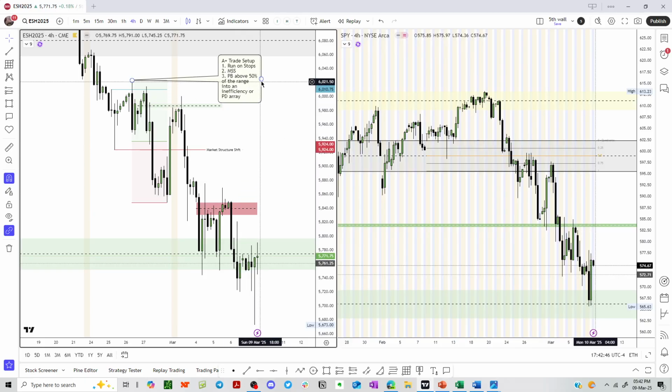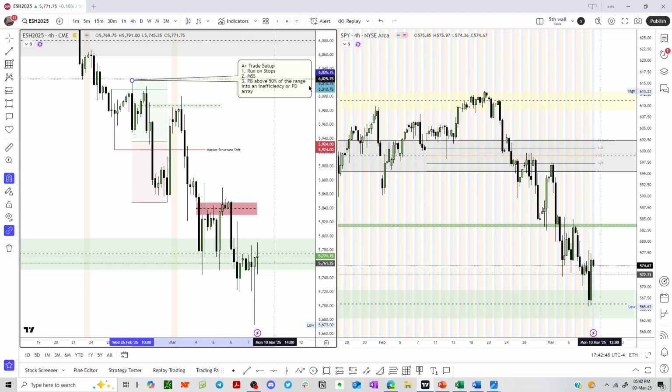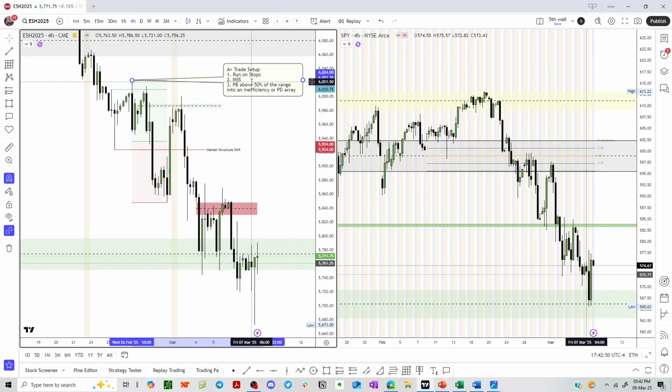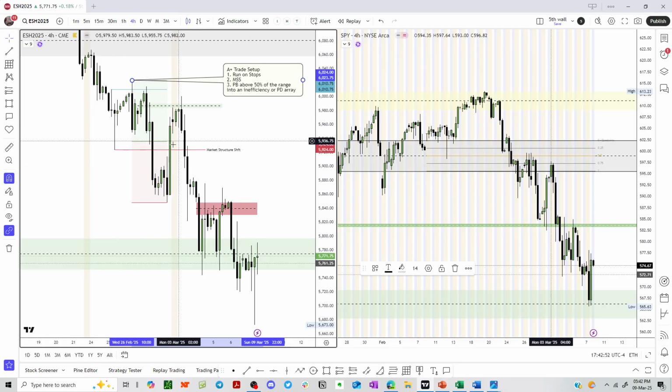That's the A+ trade setup for you right here. That's the go-to. So this is your short entry. And this is how, let's say you didn't see this fair value gap. Here, this is the previous week's low.